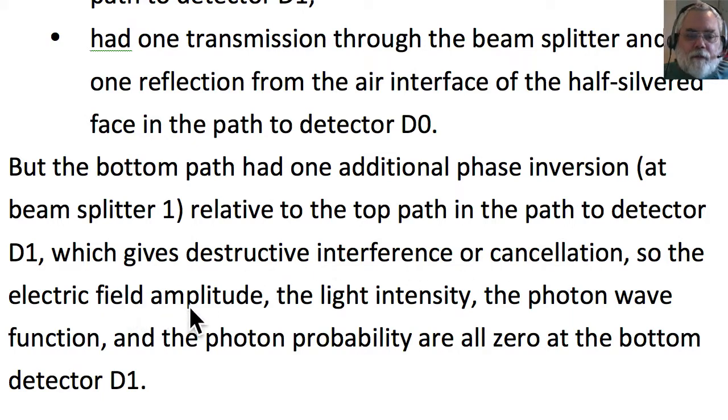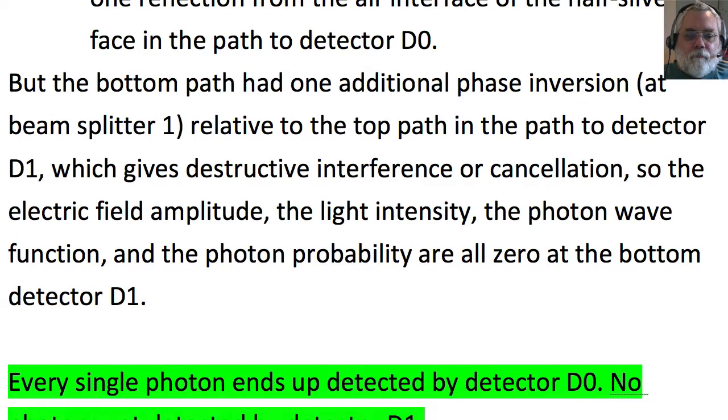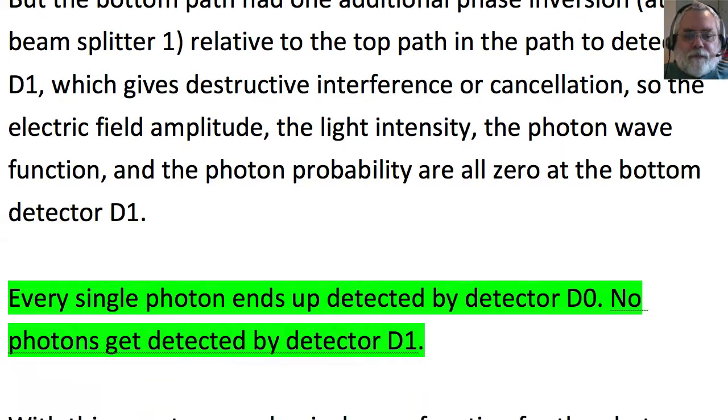So the electric field amplitude, the light intensity, the photon wave function, and the photon probability are all zero at the bottom detector D1 due to the phase inversion. Every single photon ends up detected by detector D0. No photons get detected by detector D1.